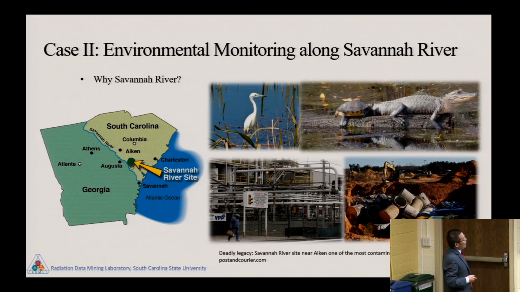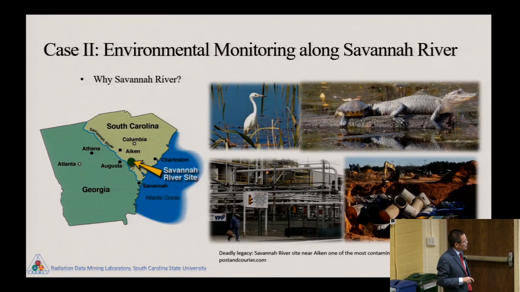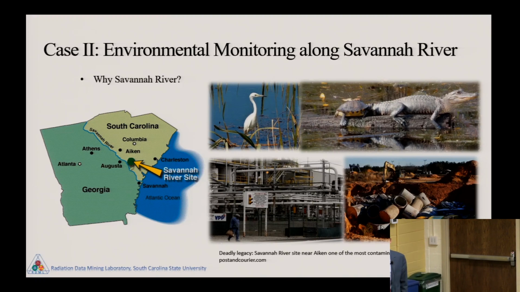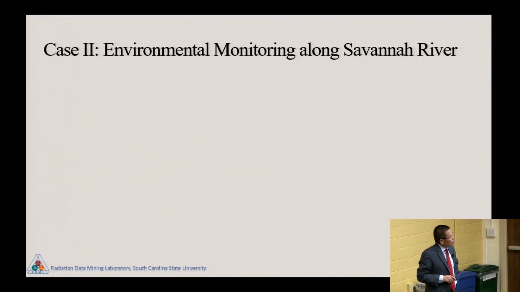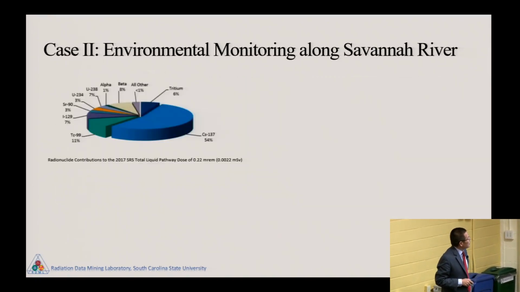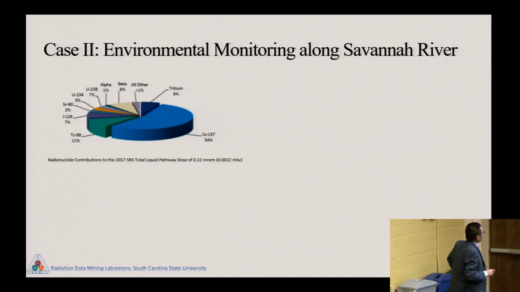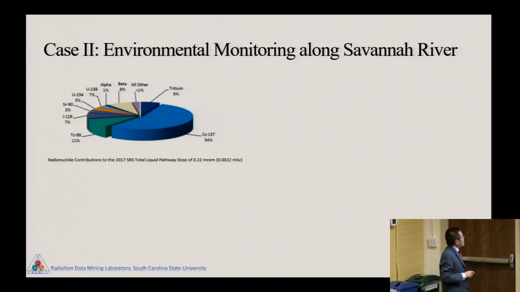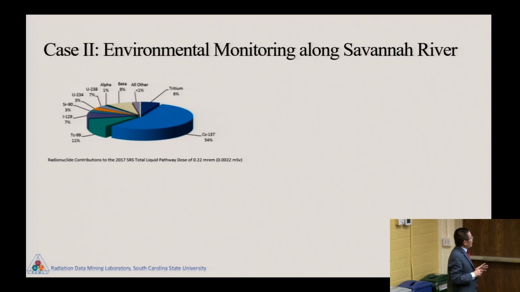So there's an article published, I think last year. It said, Deadly Legacy, Savannah River site near Aiken, one of the most contaminated places on Earth. So we need to monitor it, and this is the radionuclide contribution to the air and to the liquid water pathways.